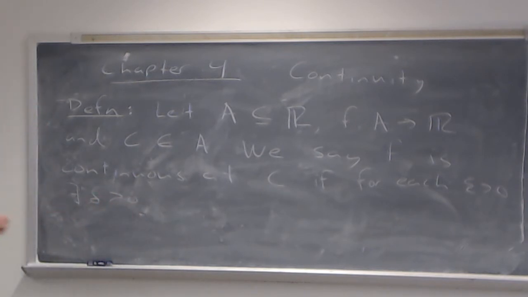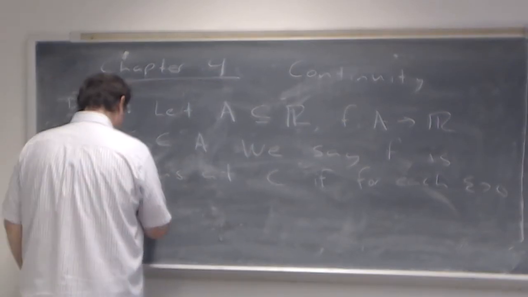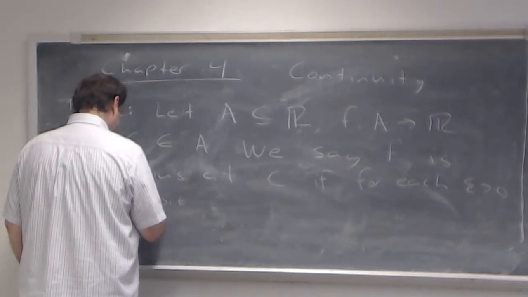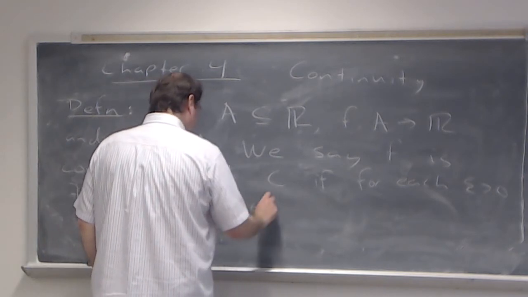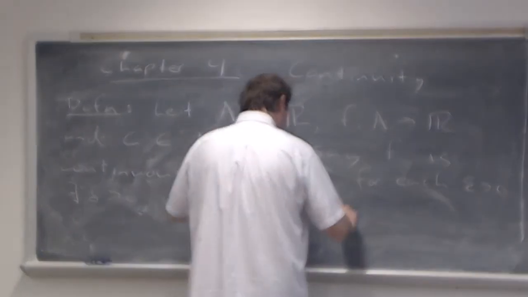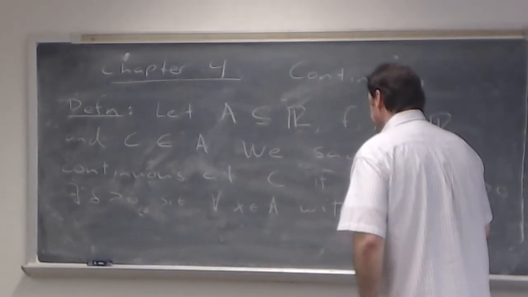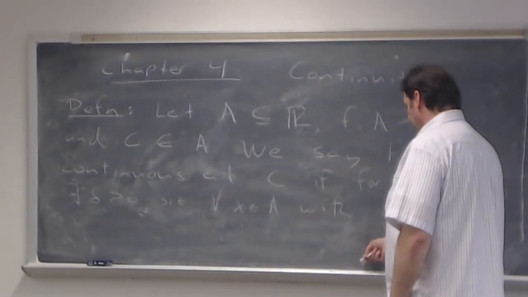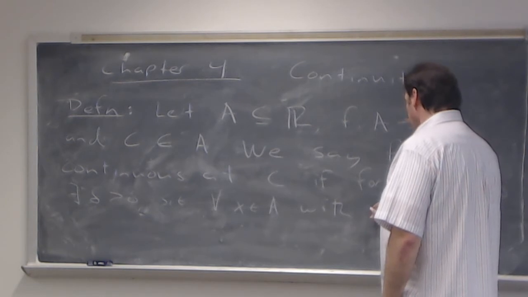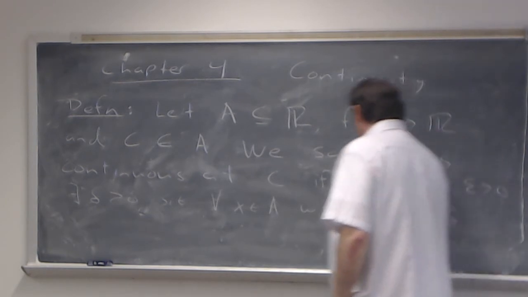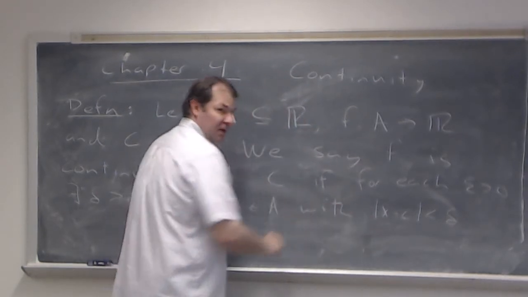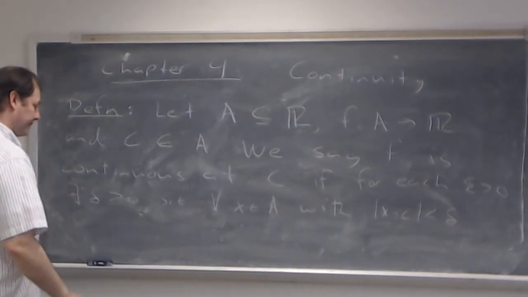Now the delta can depend on epsilon and it can depend on c. Such that for all x an element of A with, here's another difference between this definition of continuity and the limit definition, absolute value of x minus c being less than delta. The difference here is for limits we had 0 less than absolute value of x minus c. But here we don't have it.